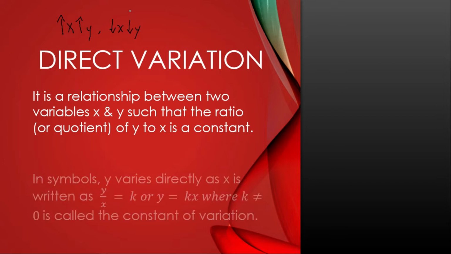So, ganon yung thought ng ating direct variation. In symbols, y varies directly as x is written as y over x is equal to k. Ito yung dapat ninyong tandaan. This is also the formula of our direct variation. Yung y over x is equal to k or y is equal to kx, where k should not be equal to 0, is called the constant of variation.